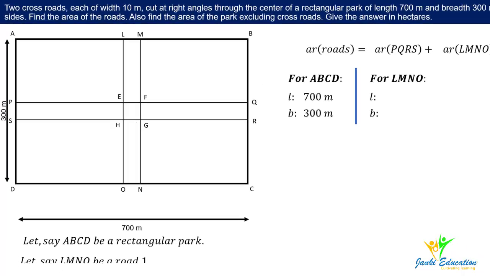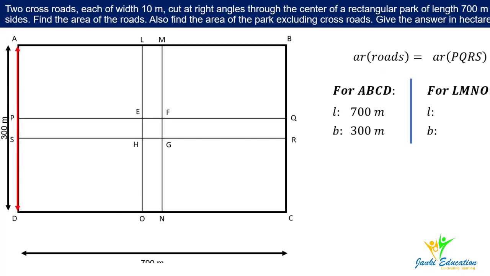Please observe this diagram very carefully. Look at this side of the rectangular park. It is 300 meter. Can you see this side of the park is the same as the length of the road? So length of the road is also 300 meter, and breadth, that is the width of the road, is 10 meter.